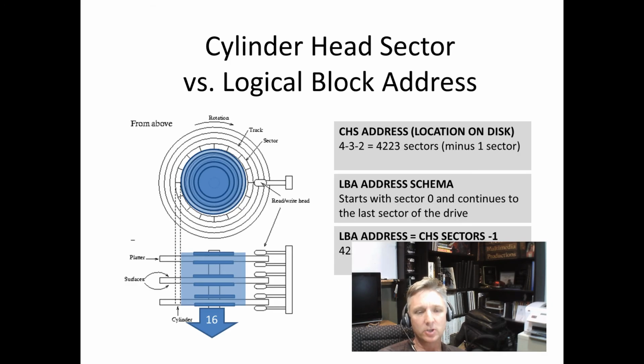The logical block address just starts at 0 and keeps counting sequentially through each platter. It doesn't start over with each platter. It just continues. The first sector on the next platter starts in that continuation, right?